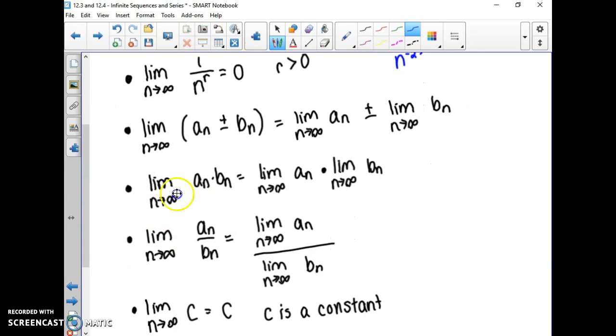If I have a limit that is a sub n times b sub n, I can also take the limits of each one of those sequences separately, and then multiply those together. If I have the limit of a sub n over b sub n, that's division. You can take the limit of the top, limit of the bottom, and then divide the two. Okay, so we can separate for all of those.